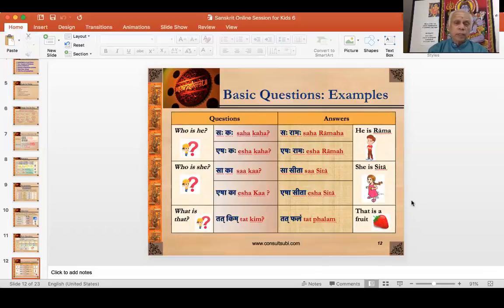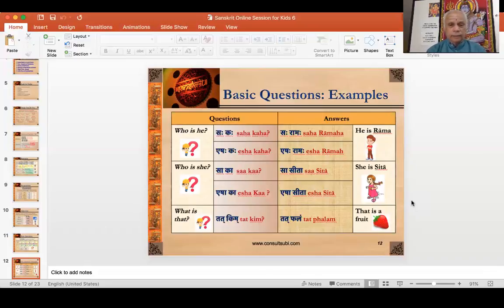Same thing if you're asking about a friend of yours, a girl, who is she? You say, sa ka. You don't say saha kaha, you say sa ka. Who is she? Sa Sita. She is Sita. Esha ka. Esha Sita.